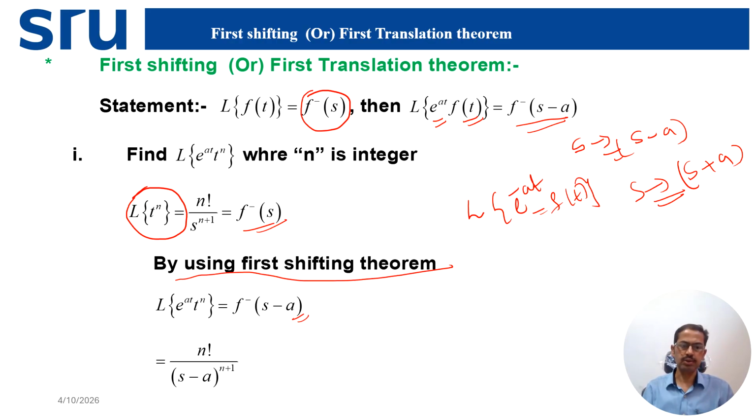So the Laplace transform of e power at into t power n is n factorial by s minus a, whole to the power of n plus 1. Just in place of s, s minus a.